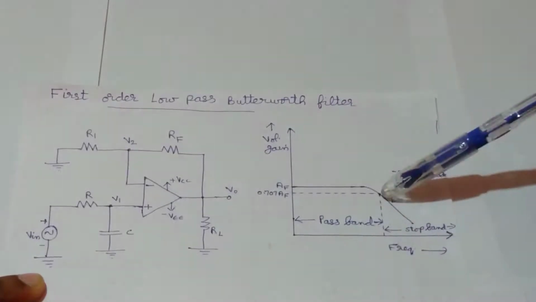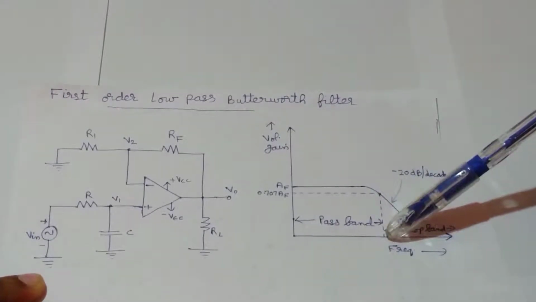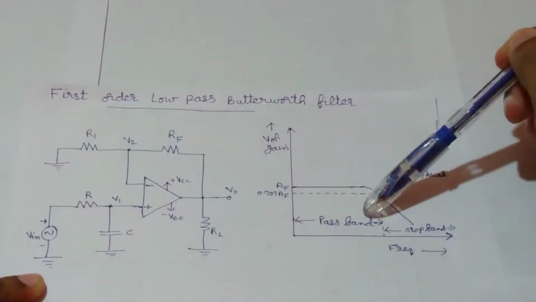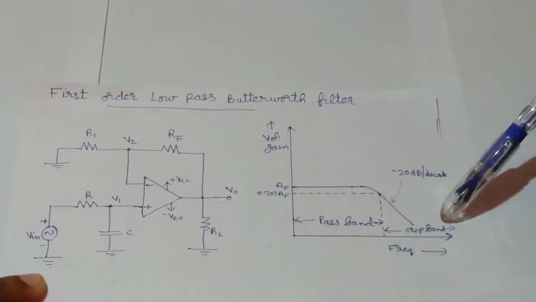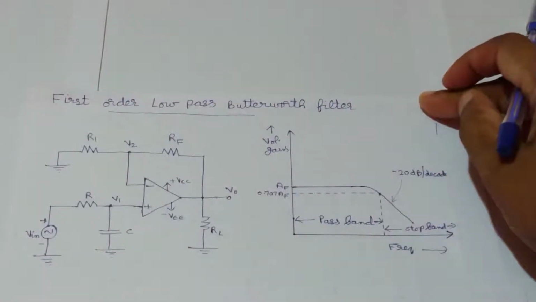And this dashed graph represents the ideal first order low pass filter response. So this is the pass band and this is the stop band of the low pass filter. Let's now consider the working of this low pass filter in detail.